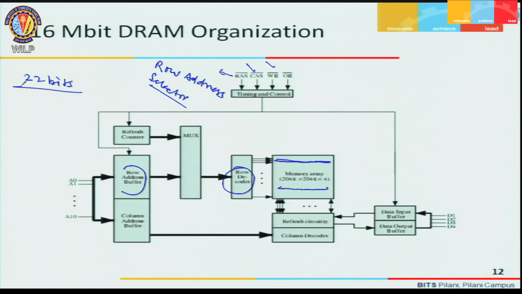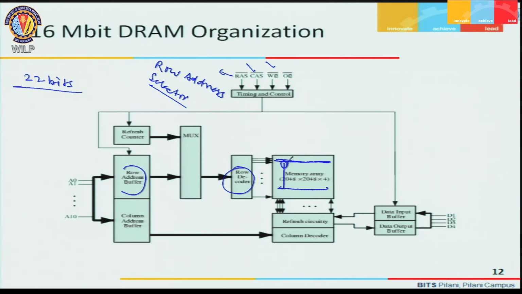So, your address appears in 2 halves, 2 times, one time only row address bits and the next time column address. In the first cycle only 11 bits appear, that will identify a row, and in the next cycle the next 11 bits will represent the column address. So, through the column address decoder the column will be identified.